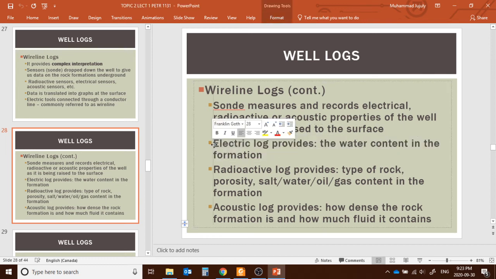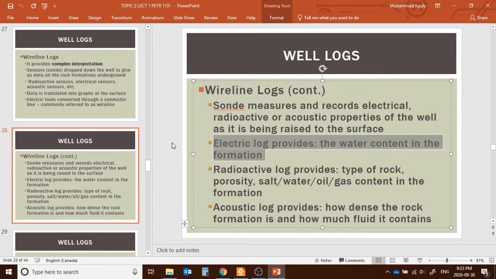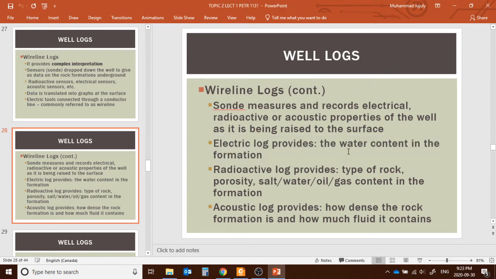Okay, so the electrical log, or the electrical sensors, gives us information on the water content in the formation. How? Because water has some resistivity. Okay, water is dipolar, right?